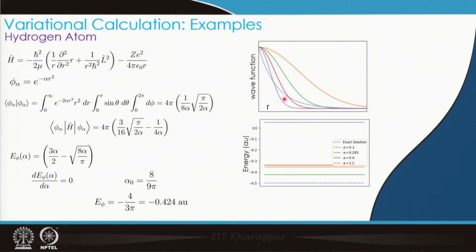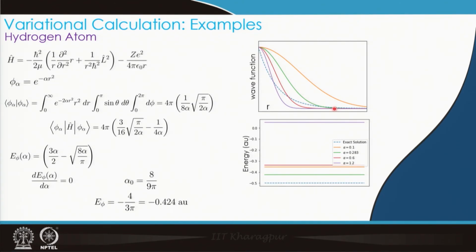That is natural, because we have taken a wrong functional form. We know that the wave function should depend as e to the power minus alpha r, but we are taking e to the power minus alpha r square. So, naturally we do not expect that the wave function agreement will be so good.